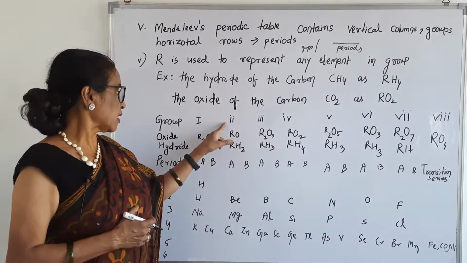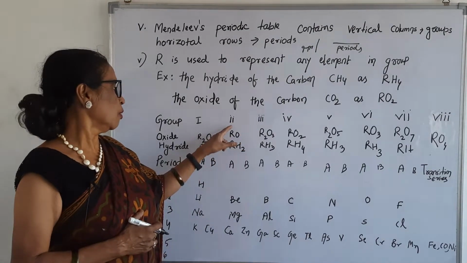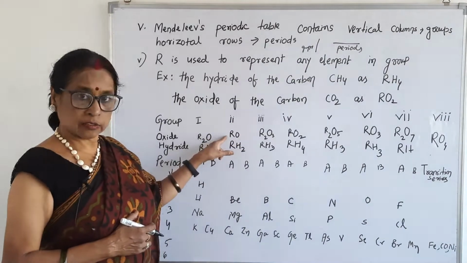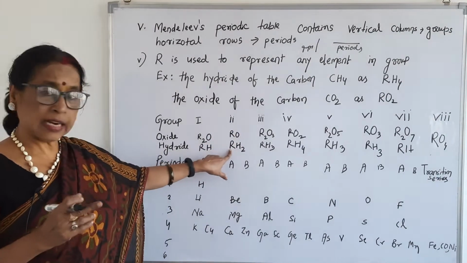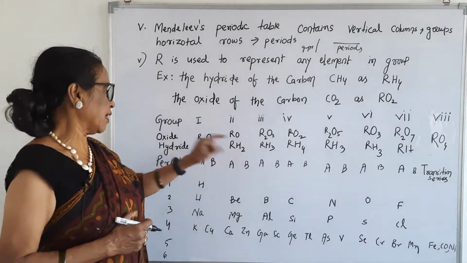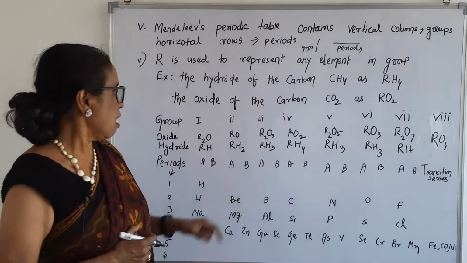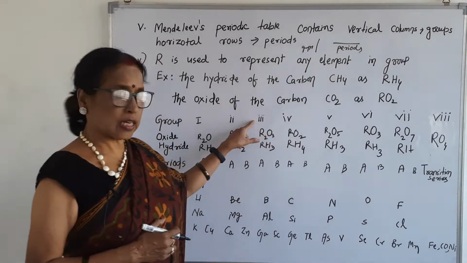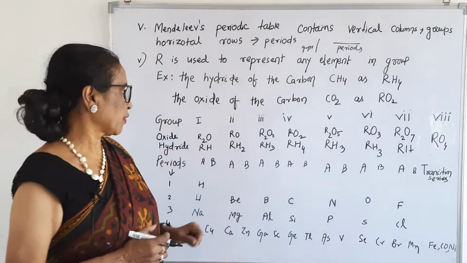Similarly, here in the second group, RO means valency 2, R is plus 2, O is minus 2, and RH2 is also the hydride of the second group. Third group, R2O3, where 3 is the valency of the third group, and here RH3.